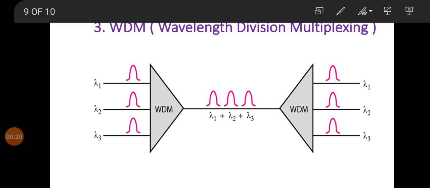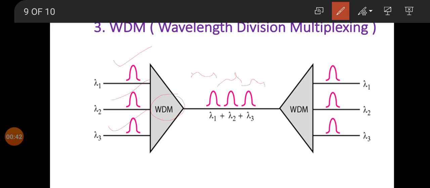So here what happens is, this is the wavelength of channel 1, means user 1, the wavelength of user 2 and the wavelength of user 3. So these waves are combined using WDM, means wavelength division multiplexing. They have different wavelengths.